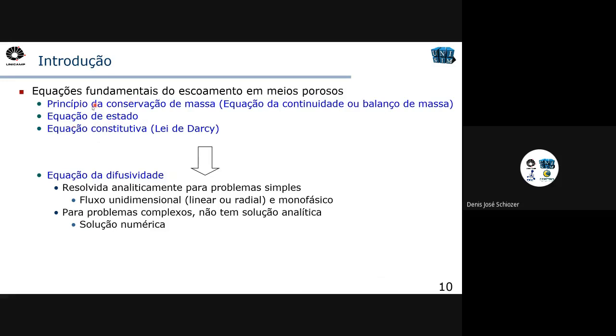Once I go to this conservation of mass and understand the fluid behavior, which can be a very simple equation if you are using a simplified model like black oil, which we're going to talk about, or sometimes a more complex behavior where you have to use thermodynamics and so on, we go into Darcy's law, and we write the mathematical equations that govern the flux in the reservoir. Okay, so I will talk much more about this in the second part of the course.